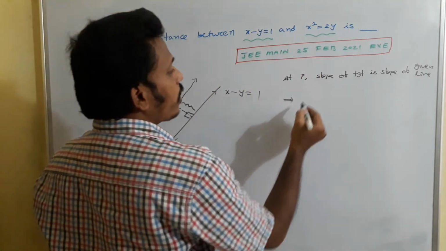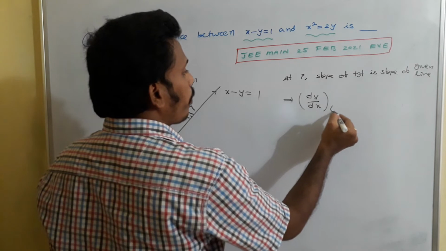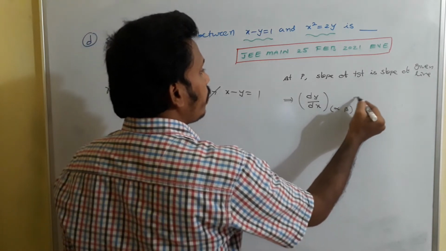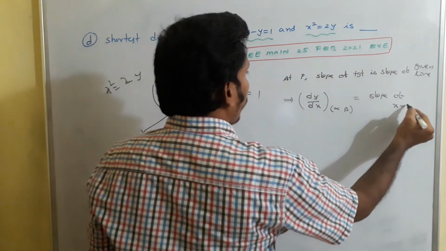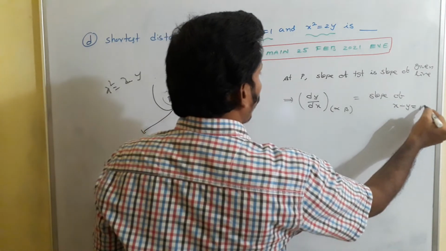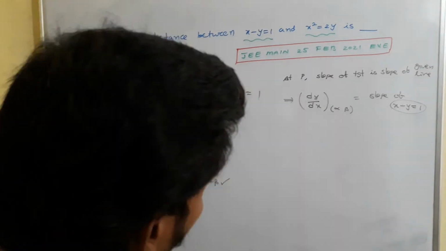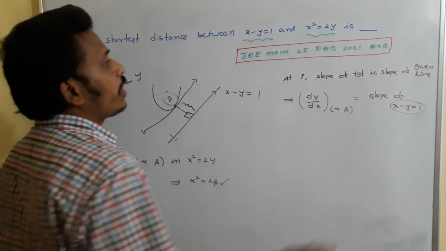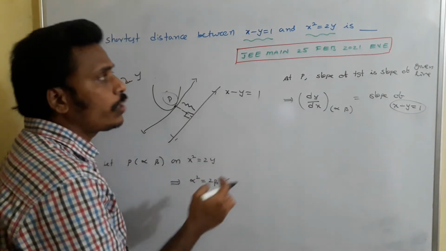So for this curve, what is dy by dx? Or as well, dy by dx at the point alpha comma beta is equal to the slope of x minus y is equal to 1. And dy by dx, just apply the derivative: for x square it is 2x, for 2y it is 2 dy by dx.